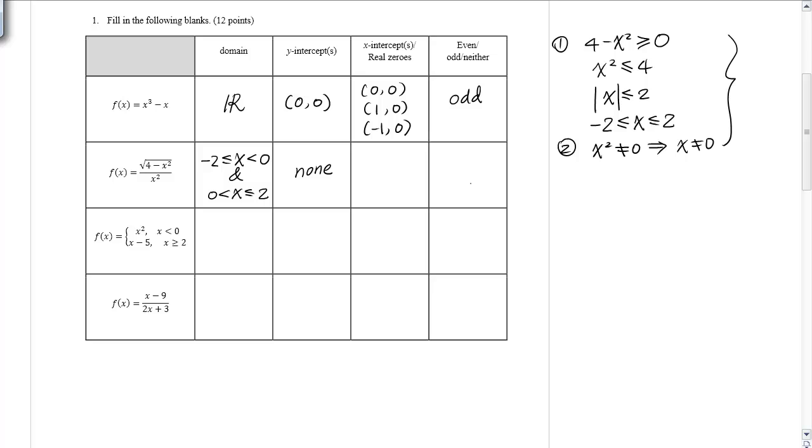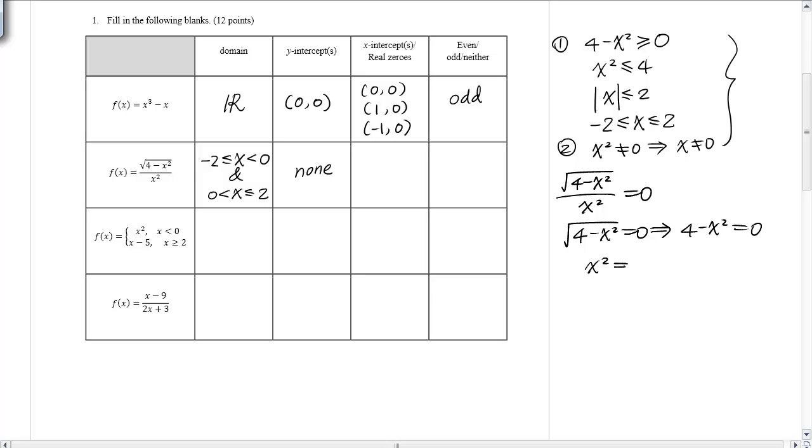For the x-intercepts, we set the function value to be 0 and solve for x. So in this case, the square root of 4 minus x squared, over x squared, equals 0. Because the denominator cannot be 0, the numerator must be 0, which means that 4 minus x squared must be 0. Therefore, x squared equals 4.